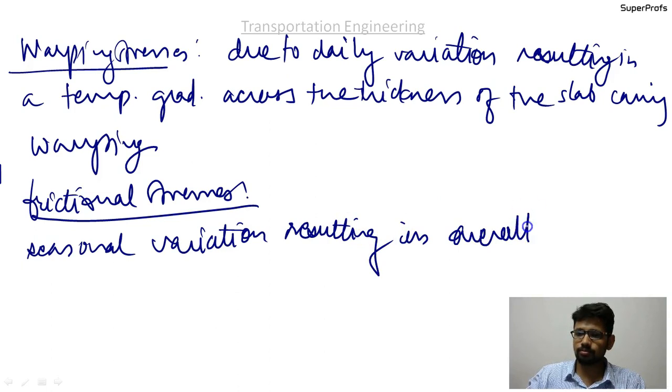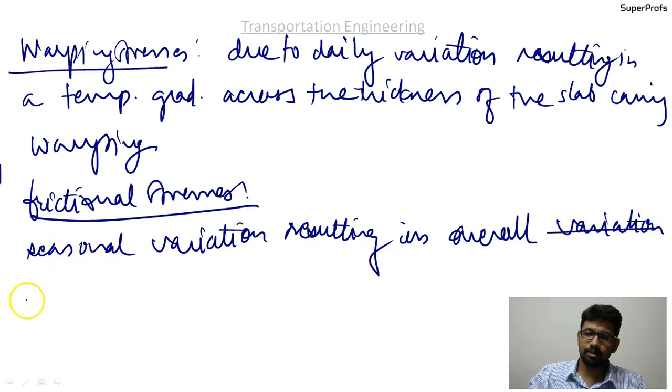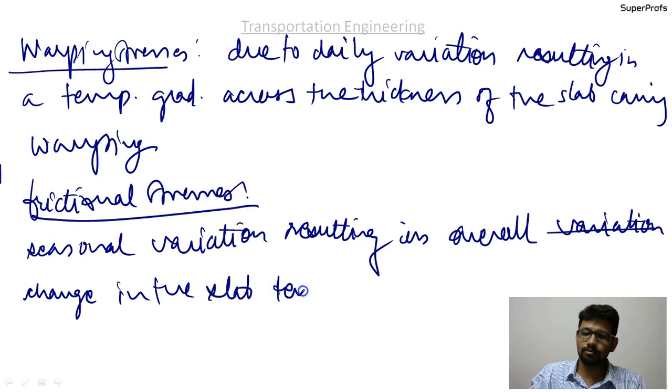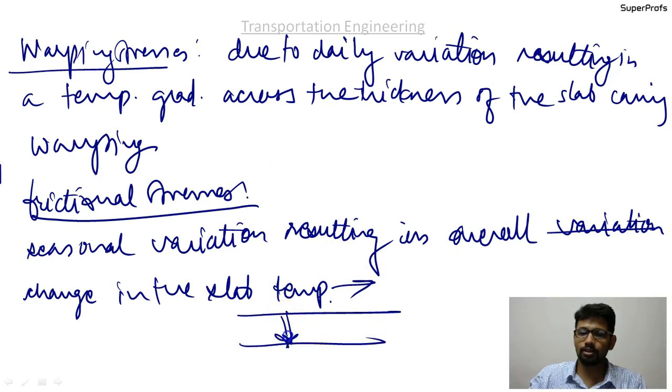Overall change in the slab temperature causes the frictional stresses. So there is no gradient across the depth of the slab, but in the warping case there will be some gradient across the depth of the slab.